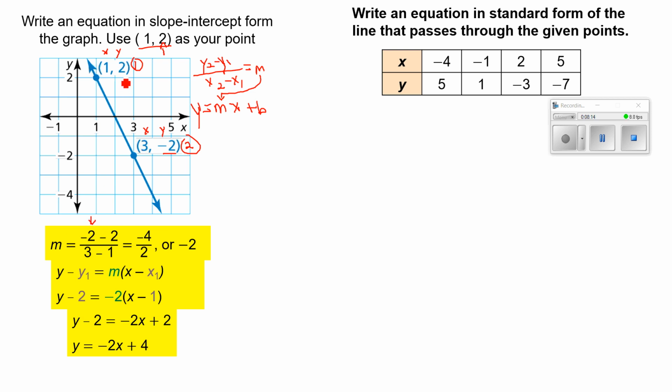And they subtracted y1, which is 2. They subtracted 2, and that gave them a negative 4. Then they took x2, which is 3, and they minus 1. 3 minus 1 is 2. And negative 4 over 2 is negative 2.